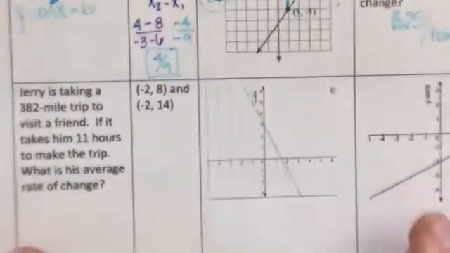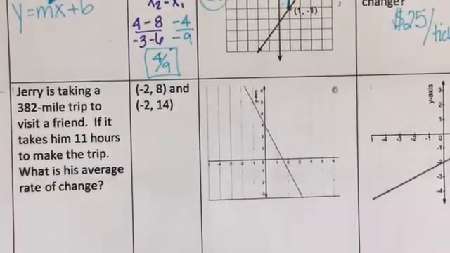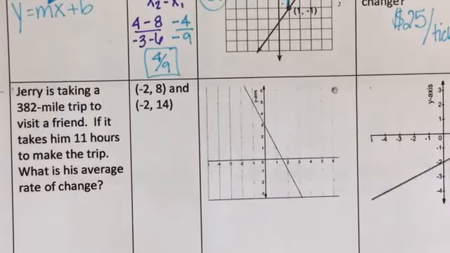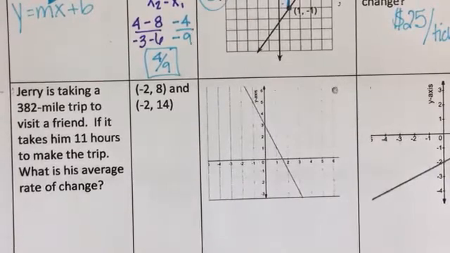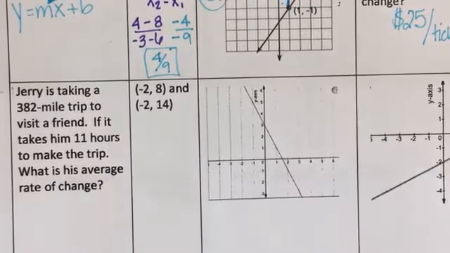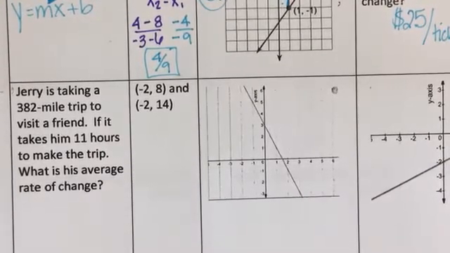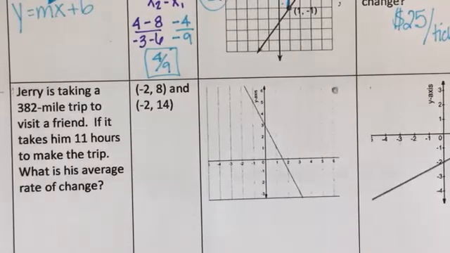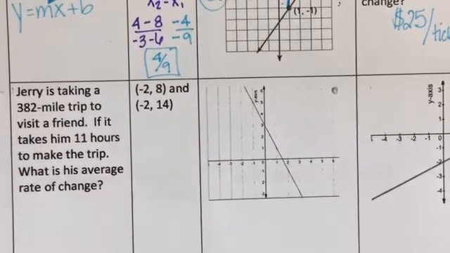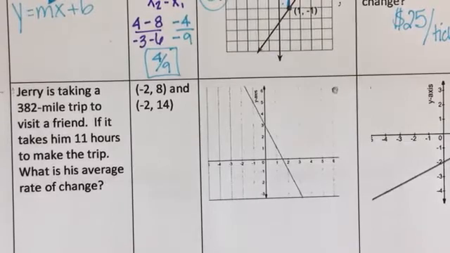So Jerry is taking a 382-mile trip to visit a friend. If it takes him 11 hours to make the trip, what is his average rate of speed, or rate of change, I should say? So rate of change, what do you guys think? The answer is not as obvious in this one.